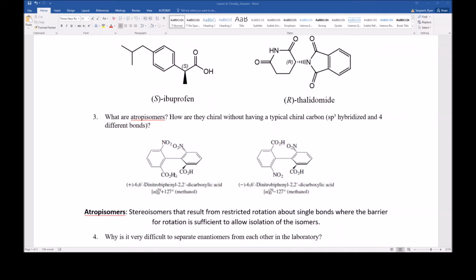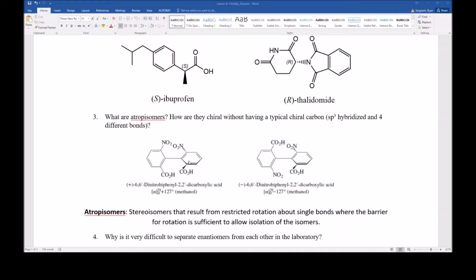And when you synthesize these, you think about trying to build these things. Let's say that this right here, this single bond between the two benzene rings, is that last bond that you make. And when you put those pieces together, you would expect for this benzene ring to be perpendicular to the first one so that the nitro groups and the carboxylic acid groups can minimize their steric interactions.